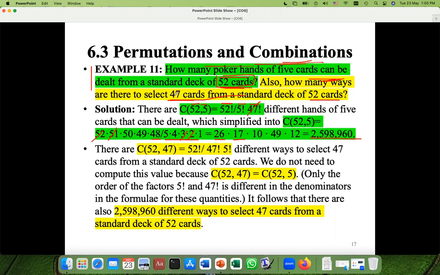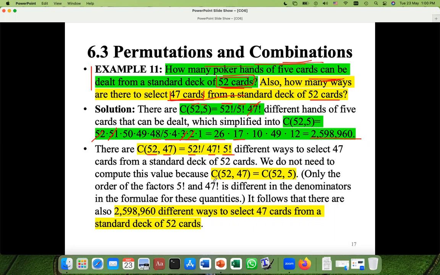And similarly, how many ways are possible to select 47 cards? Okay, this 52 is n, this 47 is now r. N factorial, this 47 is r factorial. 52 minus 47, n minus r, is 5 factorial.